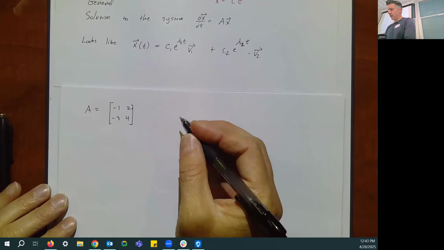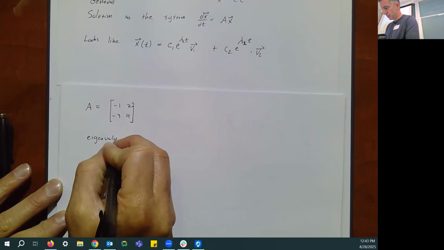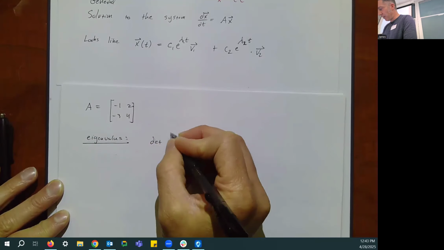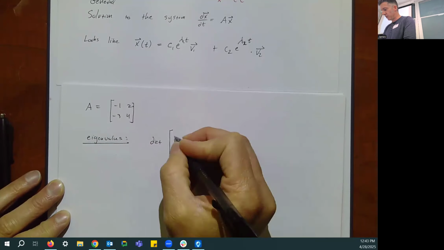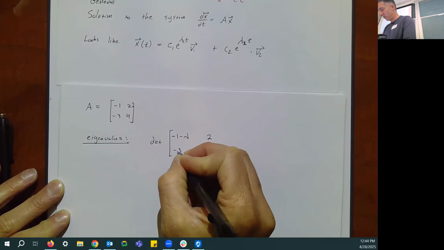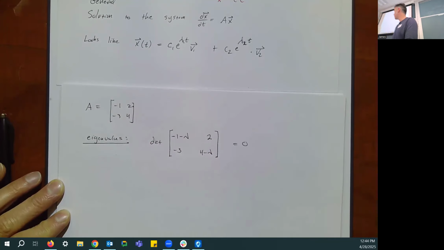So let's find the eigenvalues. We're going to take the determinant of our matrix minus lambdas on the diagonal. So -1 minus lambda, 2, -3, 4 minus lambda, and set that equal to 0.